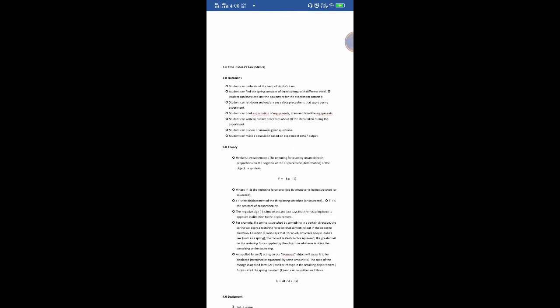3.0 is theory, iaitu Hooke's Law statement. The restoring force acting on an object is proportional to the negative of the displacement or deformation of the object.